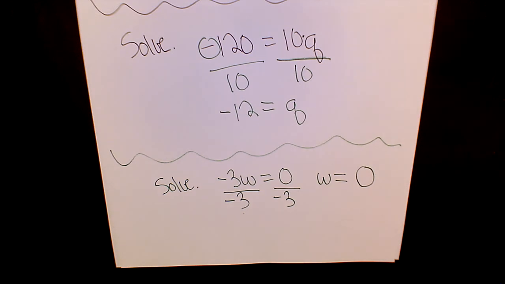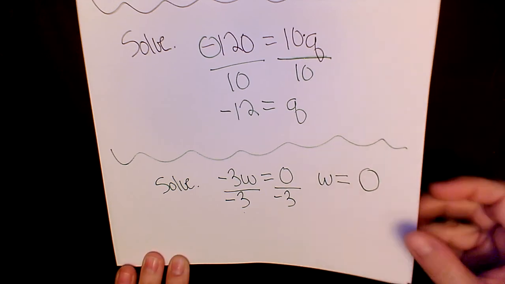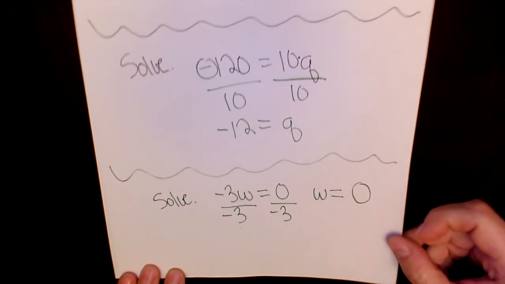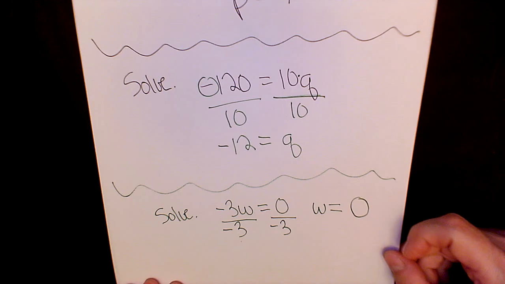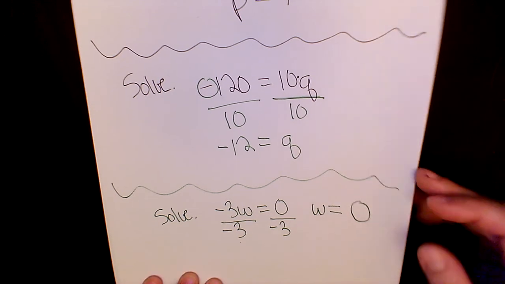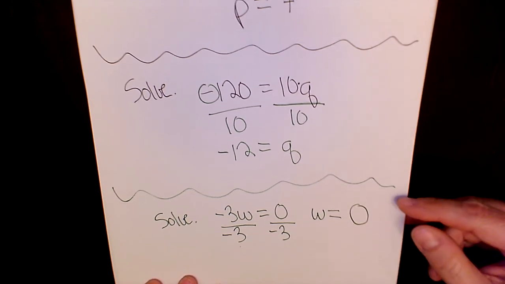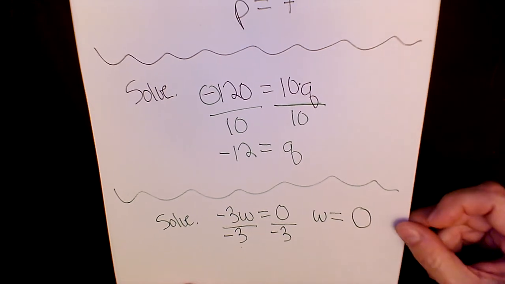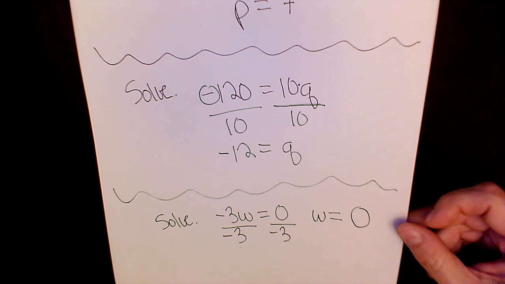Okay, and then I have a couple of translate to an equation, and I'm done. So that's it for solving. I tried to do examples of all the different types that are on the homework. So if you need me to do more, make sure you email me and let me know.